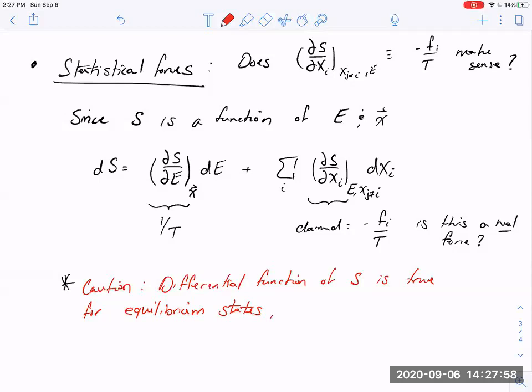This is a simplification that allows us to compute delta S by simply integrating over these differential changes in the entropy.